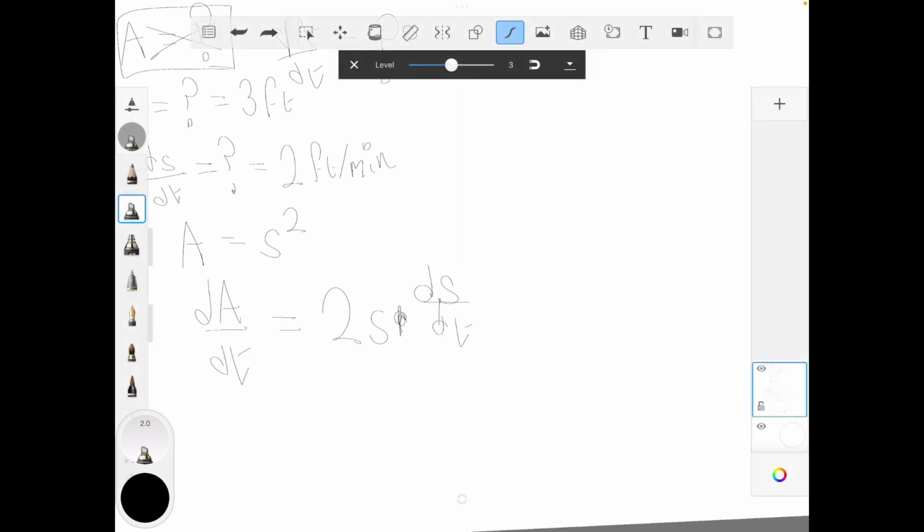So if we differentiate this, then we get the derivative of area with respect to time is equal to, using the power rule here, 2s times ds over dt. And then we plug in our numbers. dA over dt we don't know.